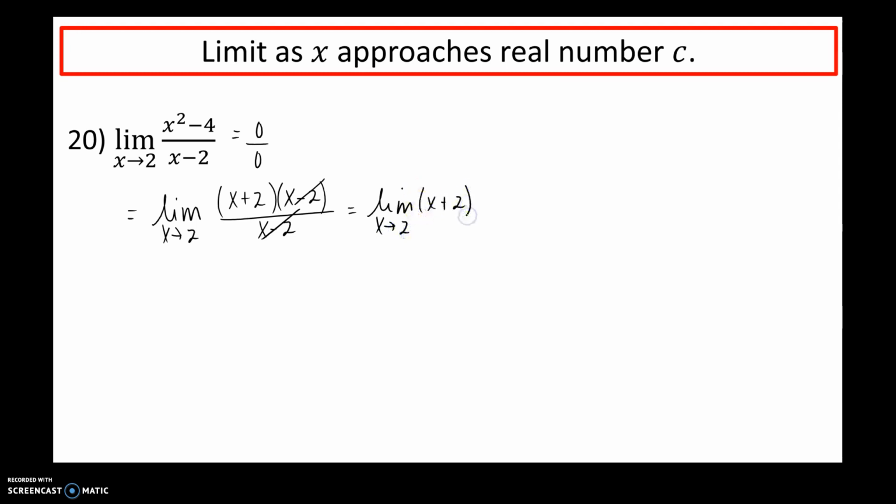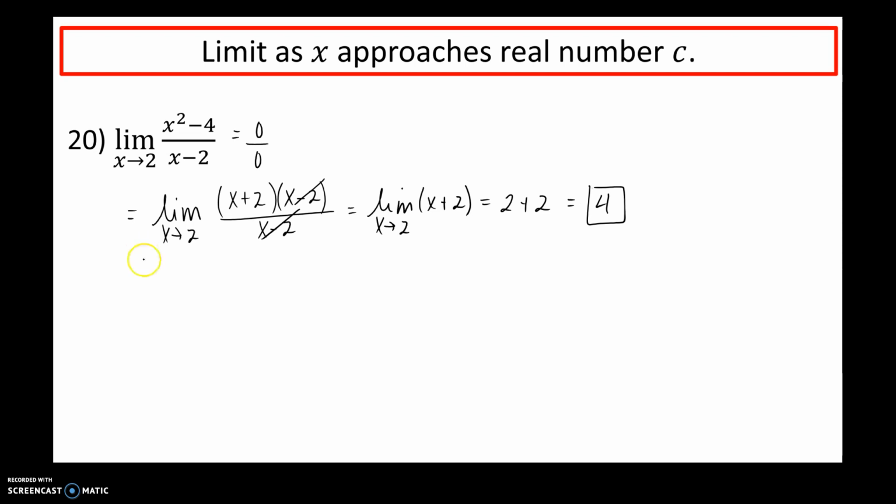So what we've just done is we've simplified our rational expression, rational function here, x squared minus 4 over x minus 2, into this simple linear function. So now that I've simplified it, I can go back and I can make a direct substitution. And once you make the direct substitution, you no longer need the limit statement. So I replace x with 2, therefore my limit is 4.